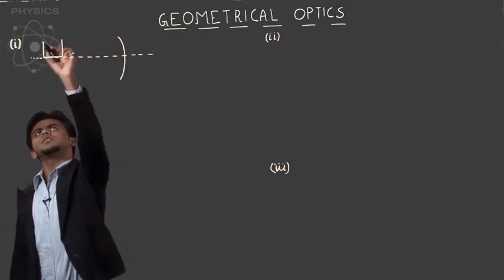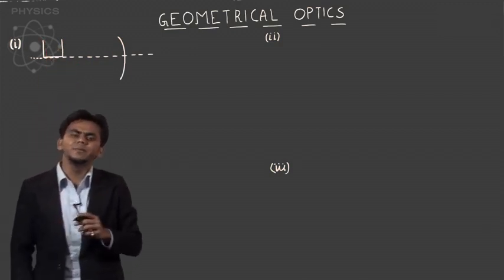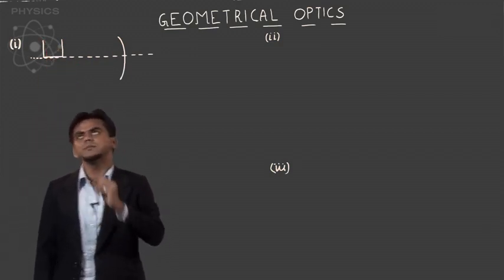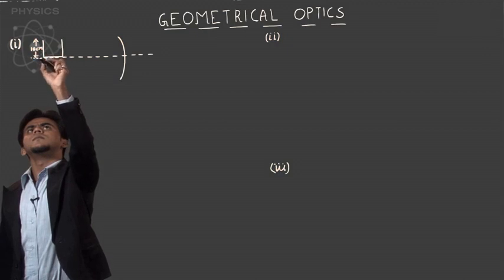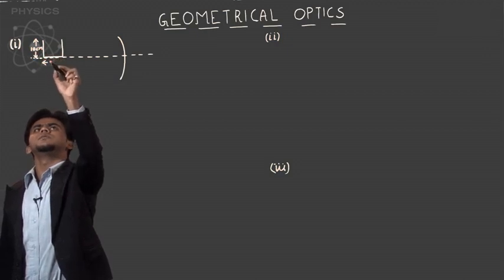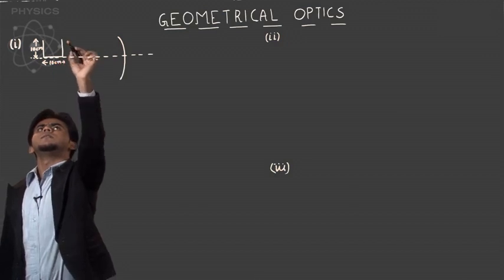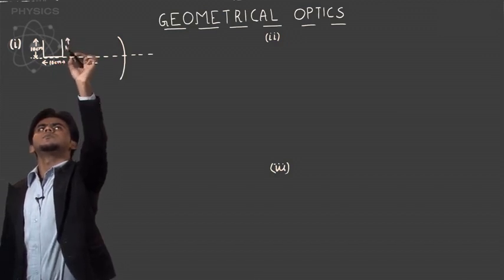The dimension of this U-shaped wire is 10 centimeter throughout, which means this dimension is 10 centimeter, this dimension is also 10 centimeter, and this also 10 centimeter.